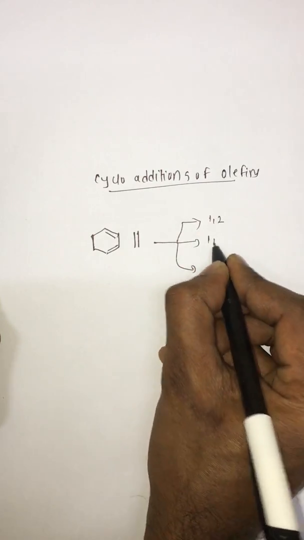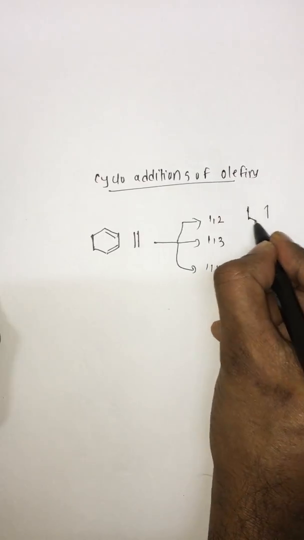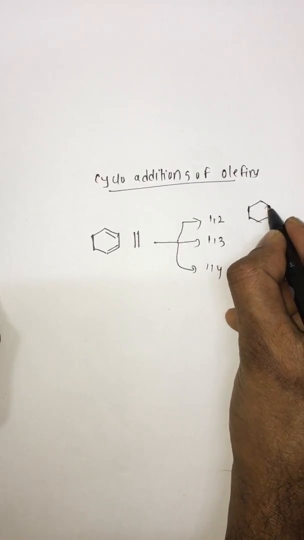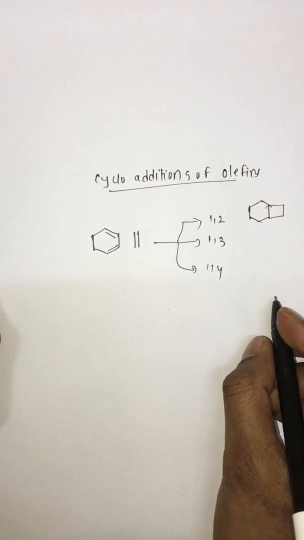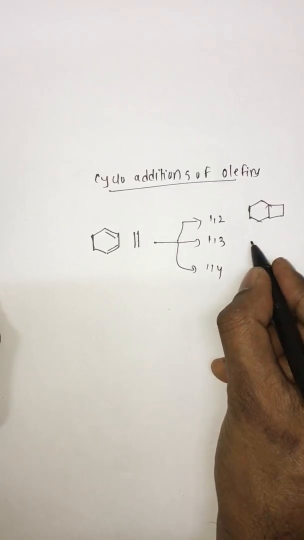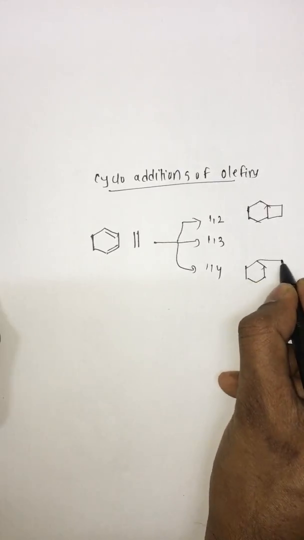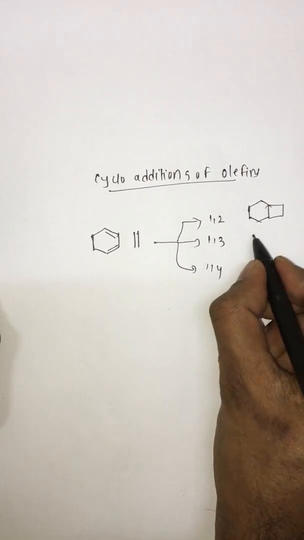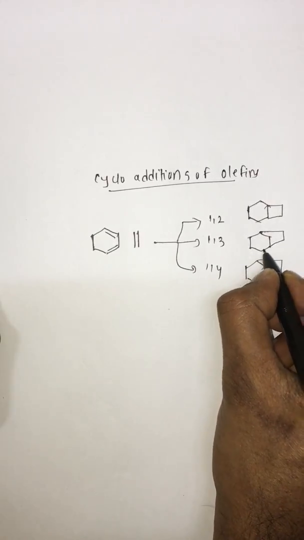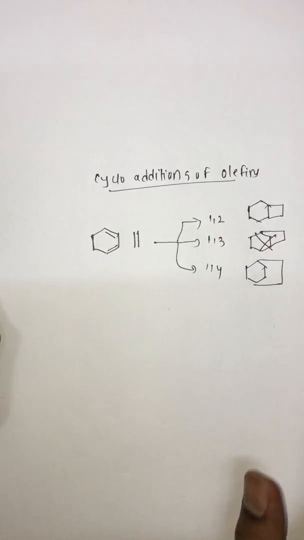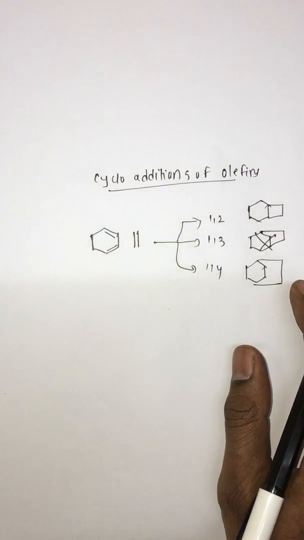So 1,2 product, 1,3 product, 1,4 product. 1,2 product means ortho product, like this, and 1,4 product means para product, and 1,3 product means meta. This is not the actual process. I will draw the mechanism for 1,3, so that from there it will be clear.